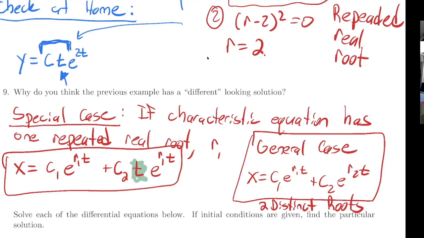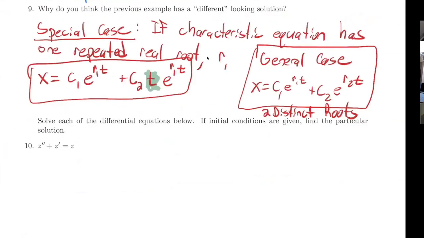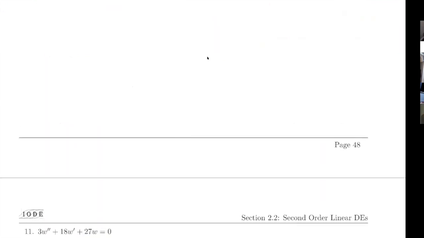Okay, any questions? If not, we've got 4 problems on this worksheet, 10, 11, 12, 13.